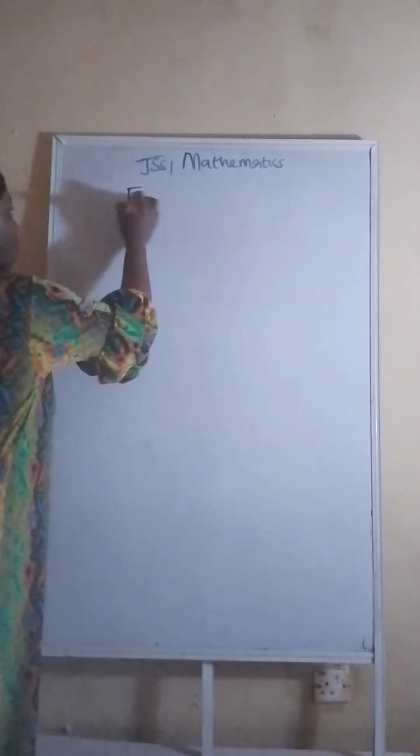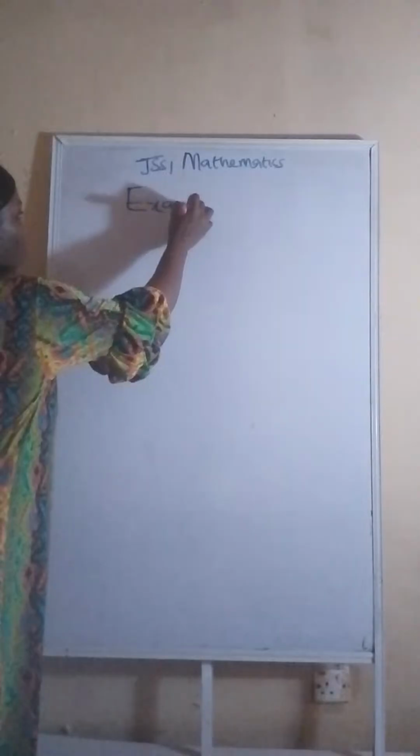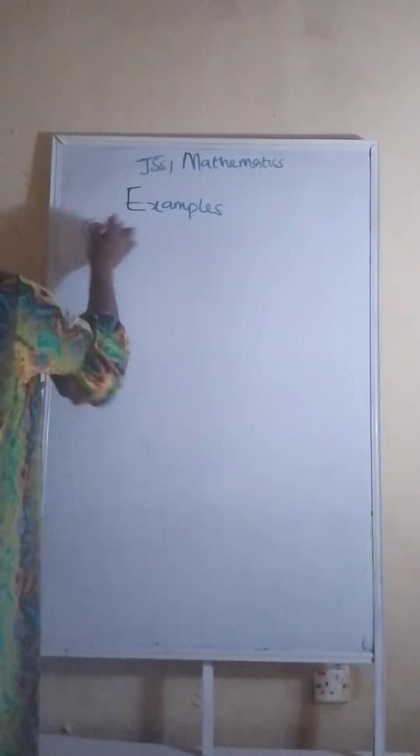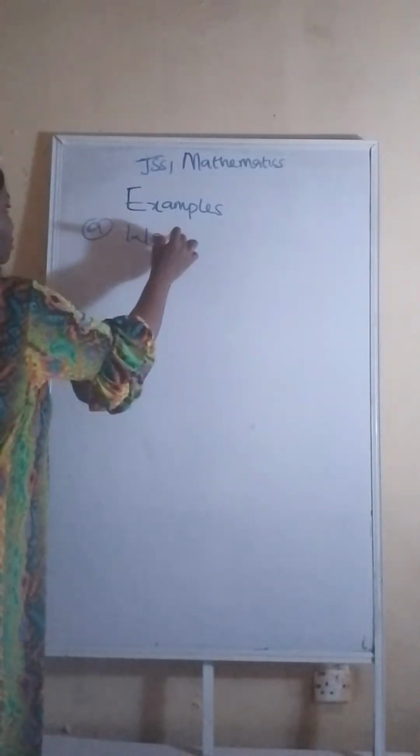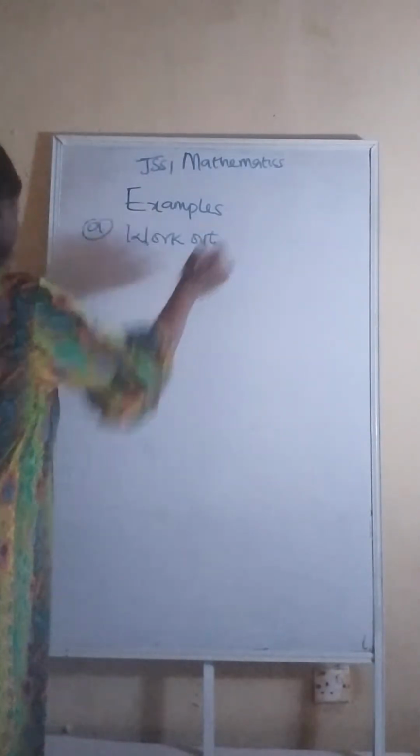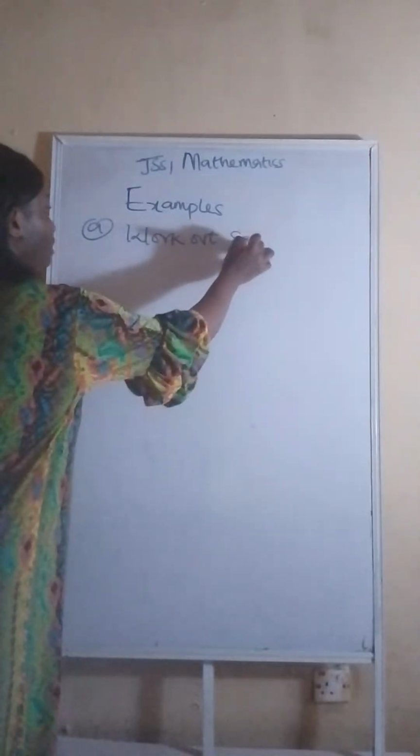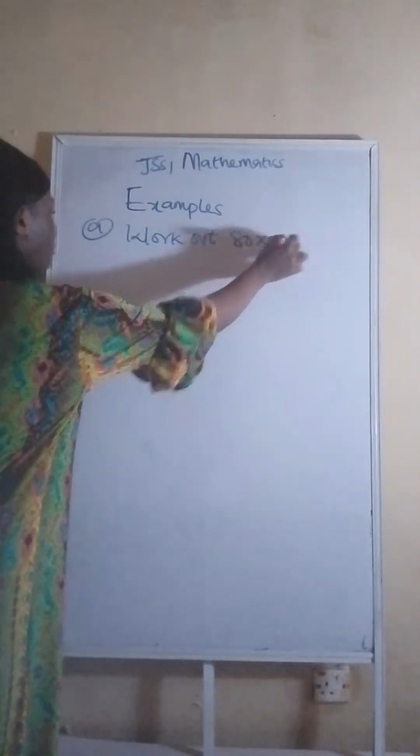So now these are some examples. They said we should work out 80 times 300.